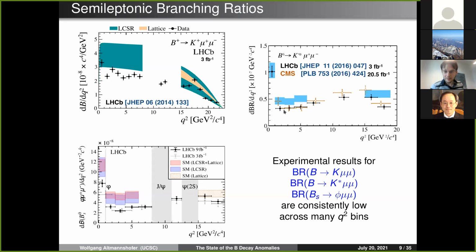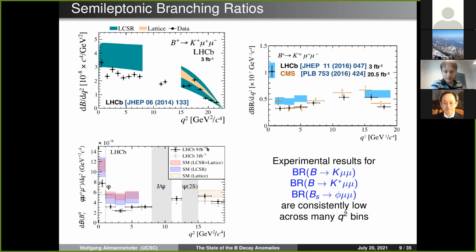Then one sees that consistently across the various decay modes and across a broad q squared range, the measurements are below the standard model predictions. These discrepancies are at the level of 2 to maybe 3 sigma, depending on which standard model prediction one is using to compare the data to.